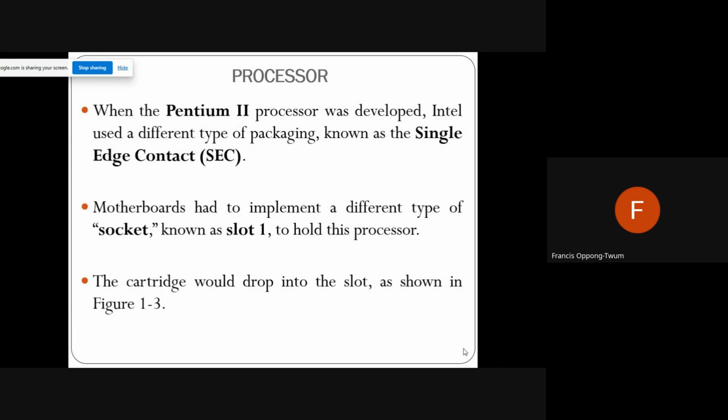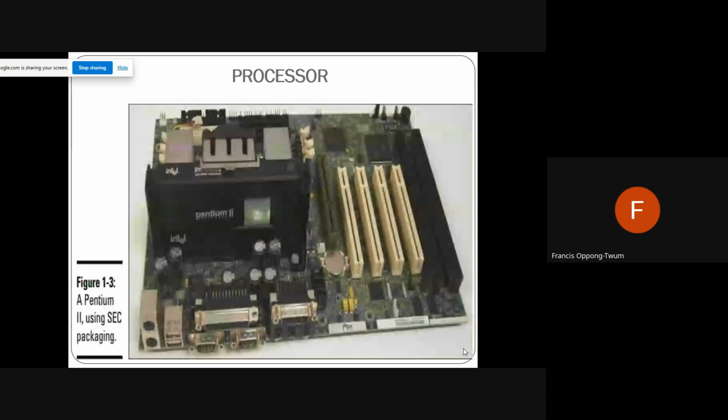Then the next thing is what? We used to have the Pentium 2 processor, which was developed by Intel. It had what we call the single edge contact, in short the SEC. So motherboards had to implement a different type of socket, known as Slot One, and so on and so forth. But now this socket is no more.